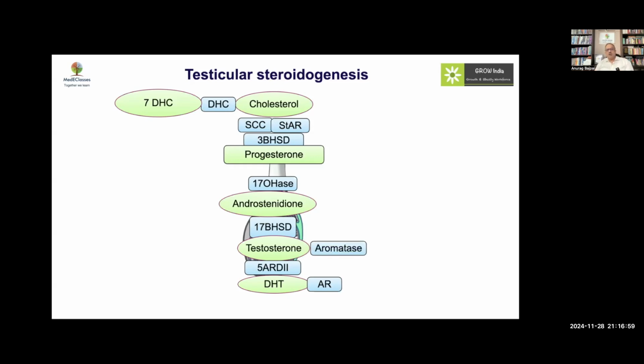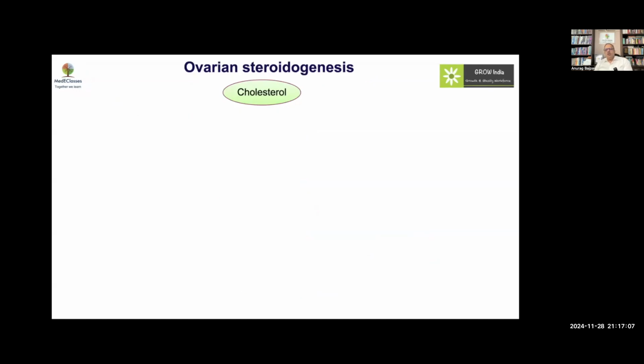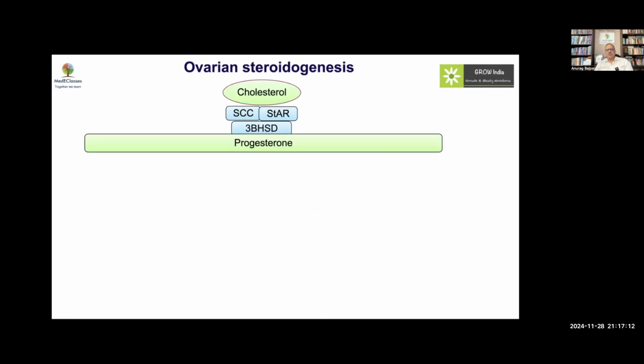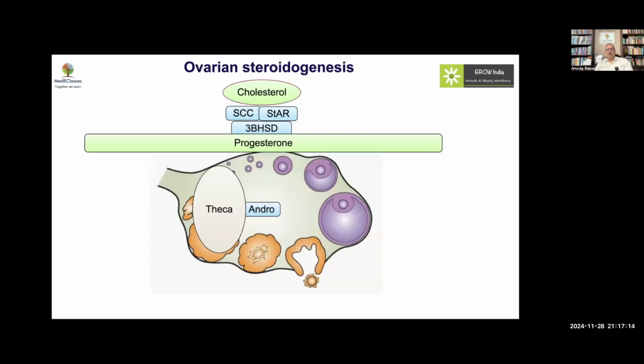Now this testosterone is of course aromatized into estradiol, and as we discussed, aromatase deficiency will have different manifestations in boys and girls. What about ovarian? Again, the same enzymes, the side chain cleavage, StAR, 3-beta HSD are common. From progesterone, we have got the 17 and 21 hydroxylase and finally aromatase.